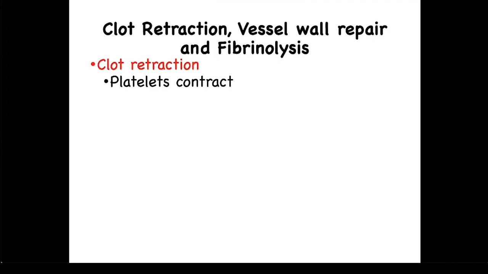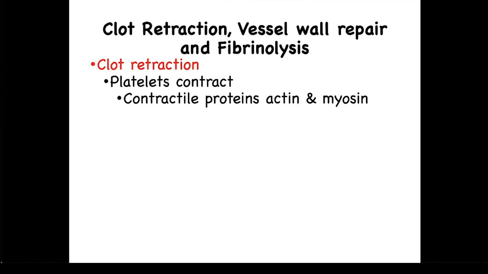Remember, during muscle contraction, you have actin and myosin proteins that are going to be involved in the shortening of the muscle fiber. So the actin and the myosin contract. This pulls the platelets closer to one another, pulls the two ends of the damaged blood vessel closer together, and helps tighten the platelet plug, making it more condensed.